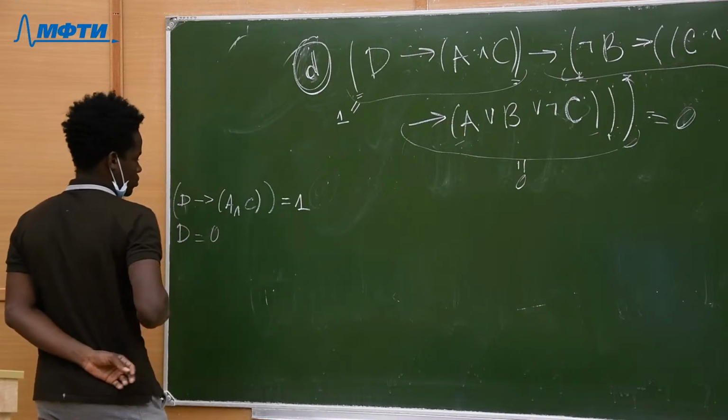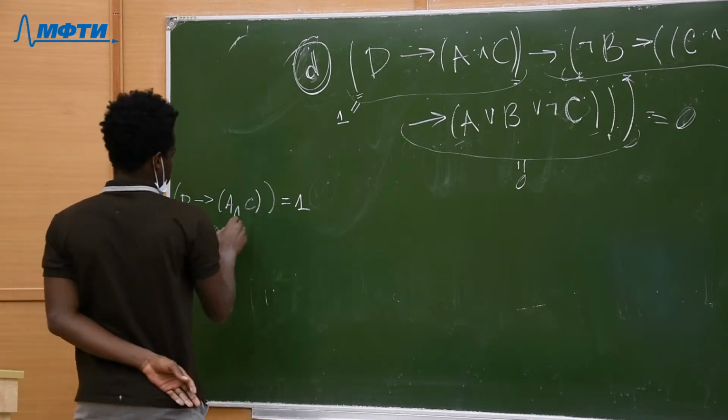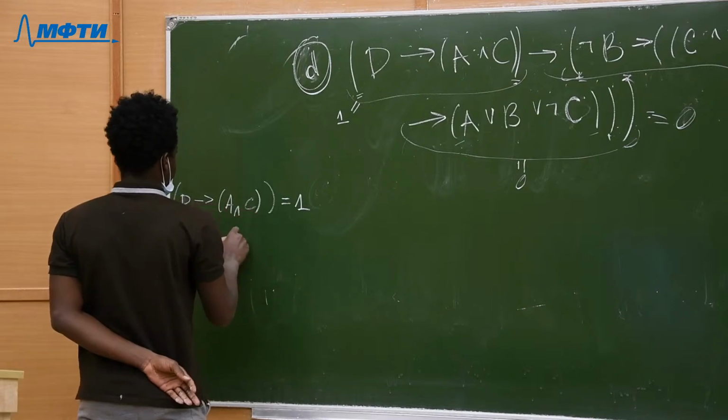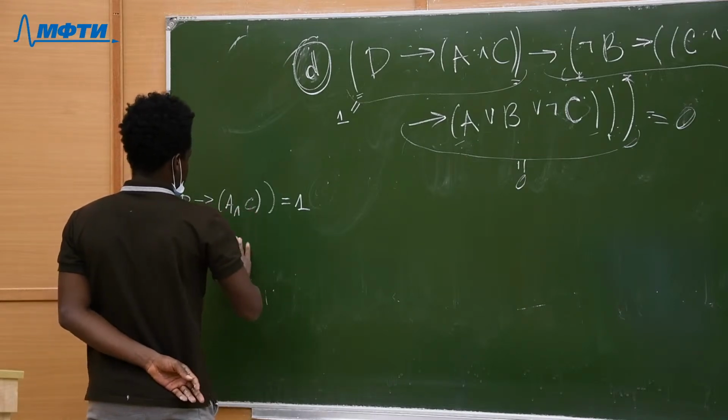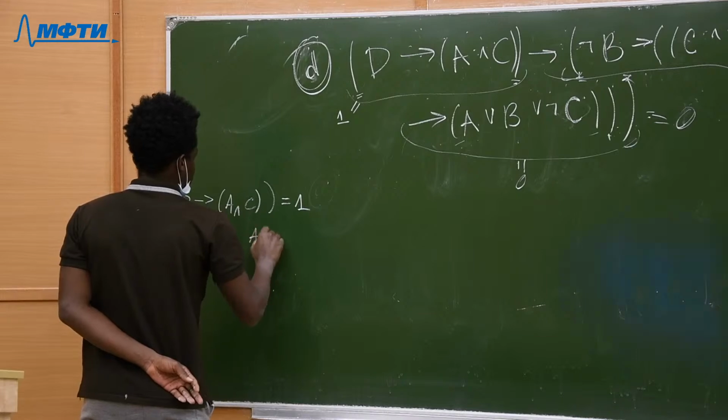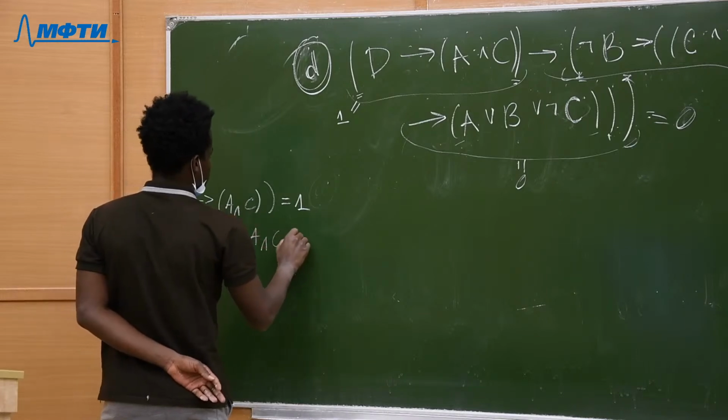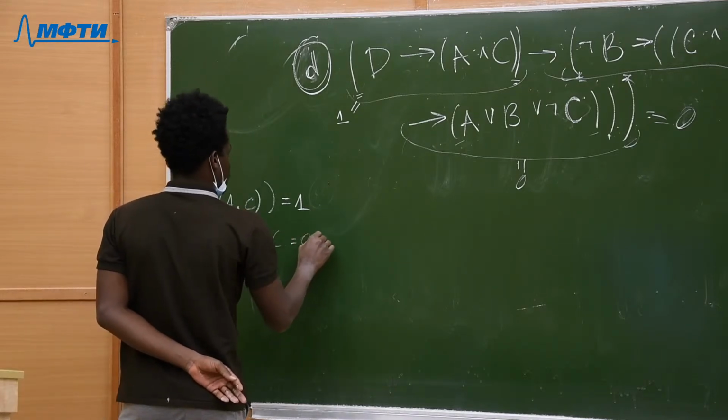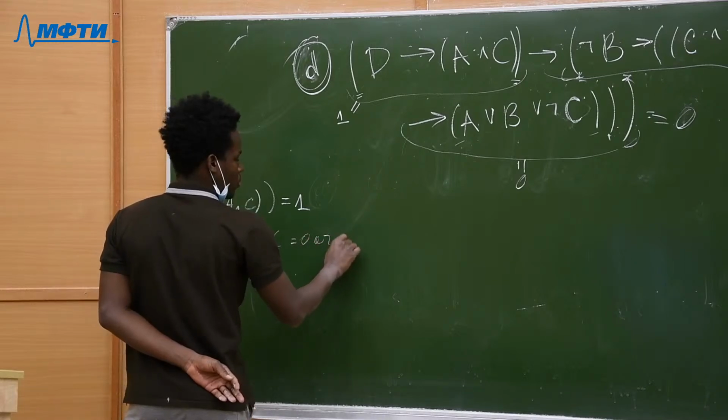So this has to be 0, and this one can be either. A and C can be either 0 or 1.